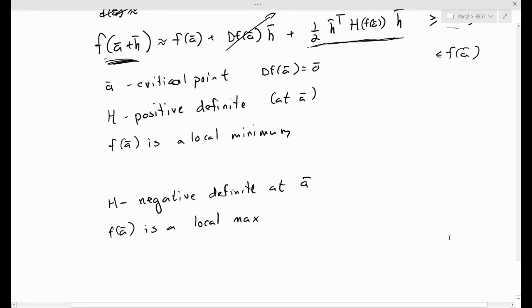The test fails. But if the Hessian is neither positive definite nor negative definite, and its determinant is non-zero, then at least for functions of two variables, we have what we call a saddle surface or saddle point.